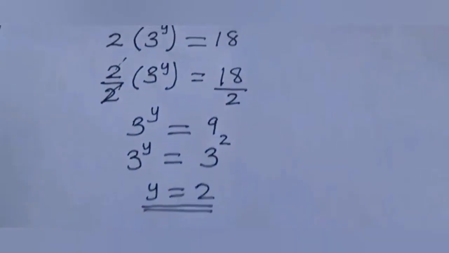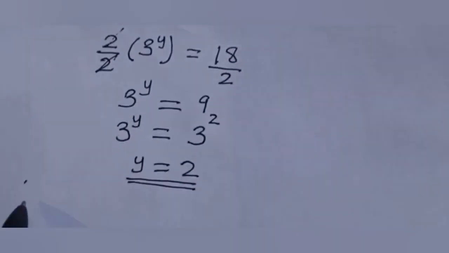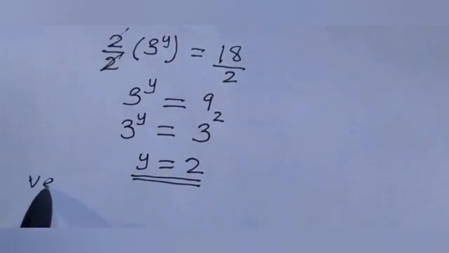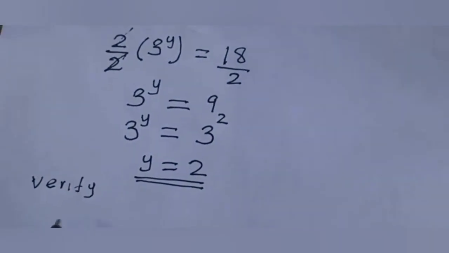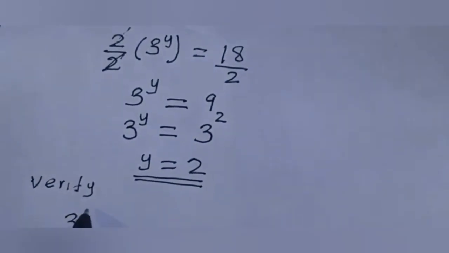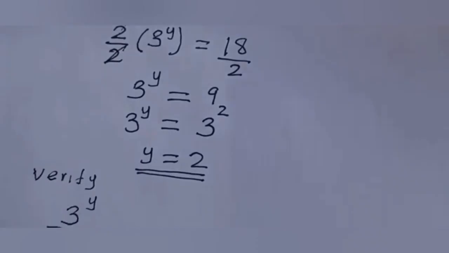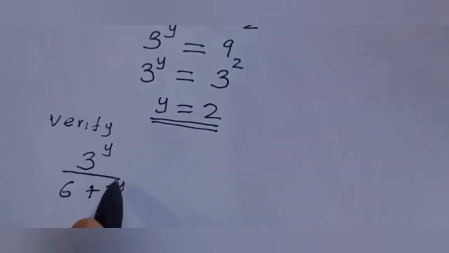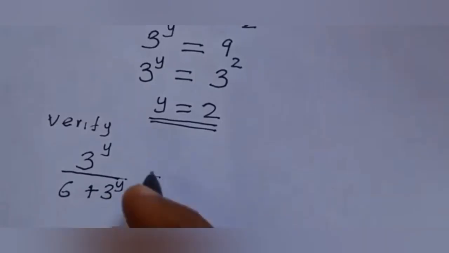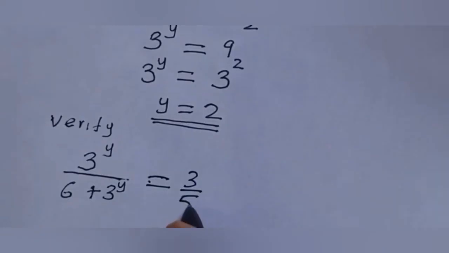As you know, our equation is 3 raised to y over 6 plus 3 raised to y equals 3 over 5.